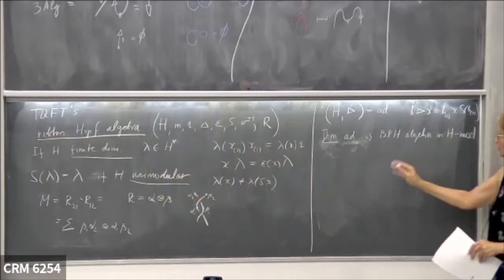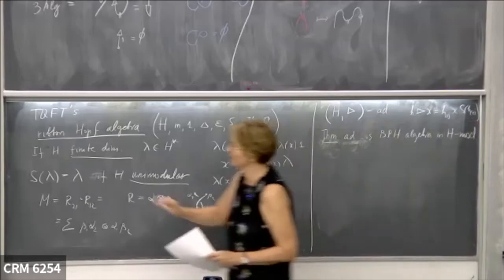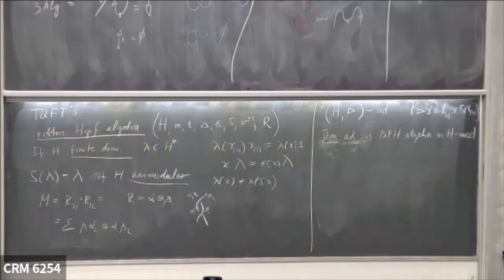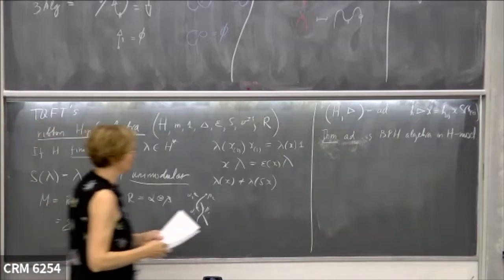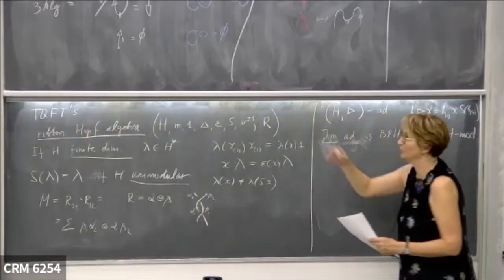And how do you prove this? So actually, you take these pictures here. You take these pictures, and you write the so-called universal invariant, just universal. So you assume that.